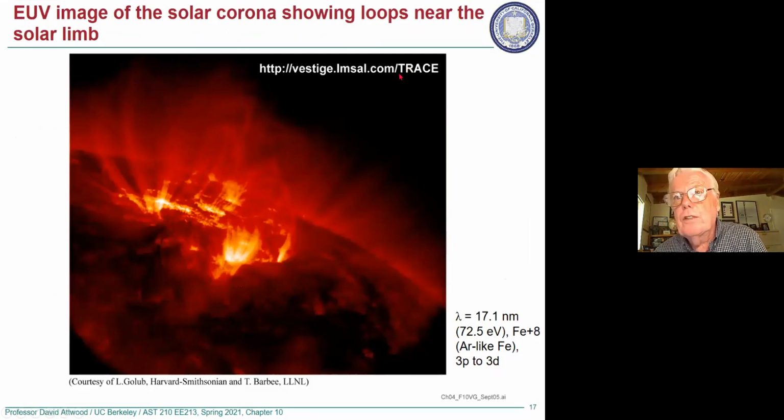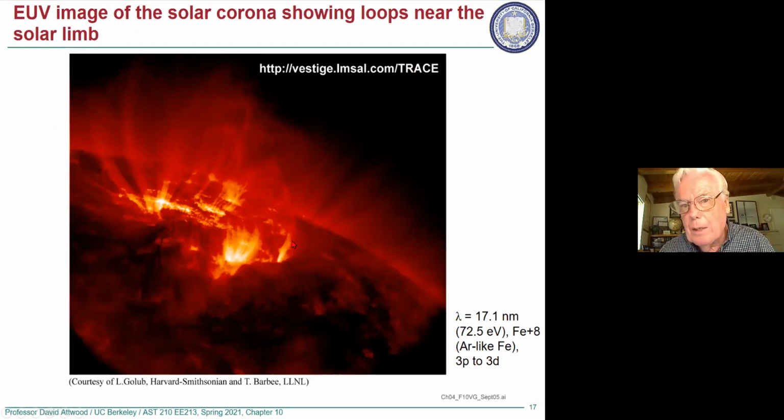So this is the so-called TRACE telescope that's orbiting Earth at all times and takes images every few seconds. The wavelength of the optic, a two-bounce optic, is in this case 17 nanometers, which is matched to the emission lines of 8 times ionized iron.